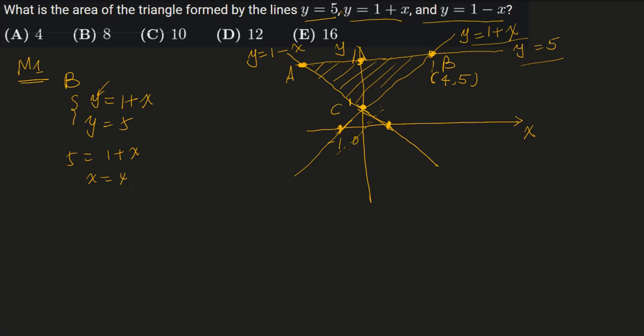So that means the length of this part is 4. And by symmetry, this part is 4 as well, right? Then how about this part? What's the length of this? That's the height of the triangle ABC on side AB, and that length is 4. Good.